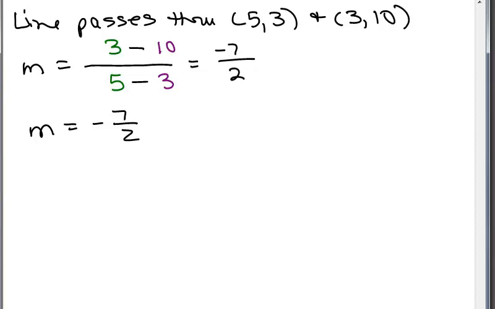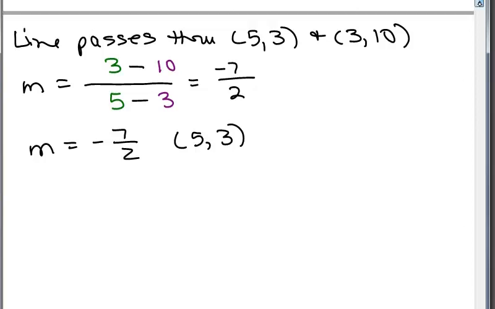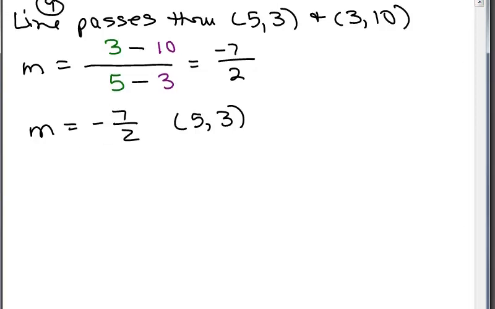You only have to use one to figure out the line, and you do it the same way we did in the previous problem. And this is number 9. I forgot to put problem number. This is number 9. Okay, so I'm going to use the first method, y minus y1 equals m times x minus x1.